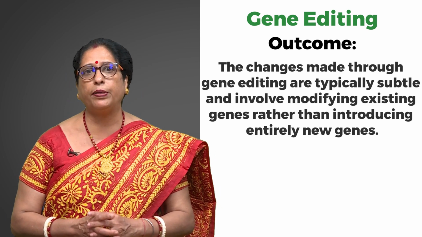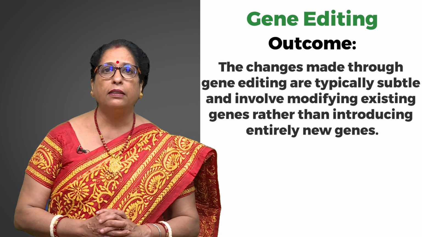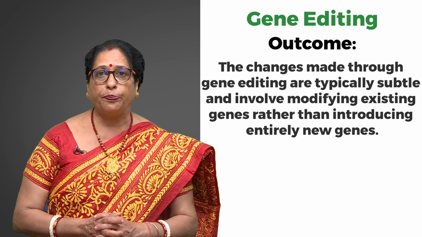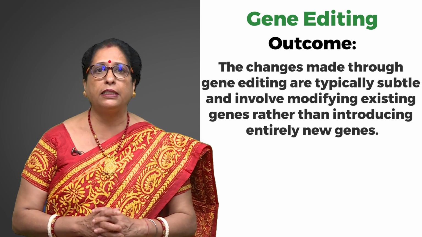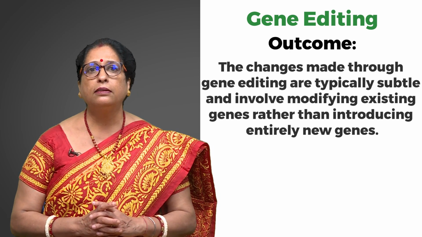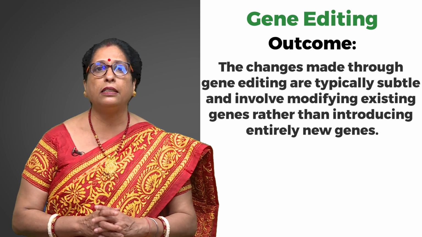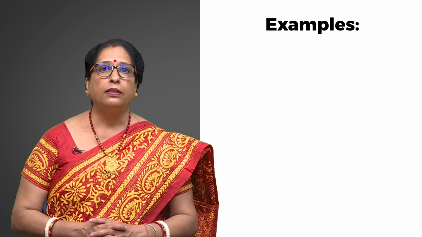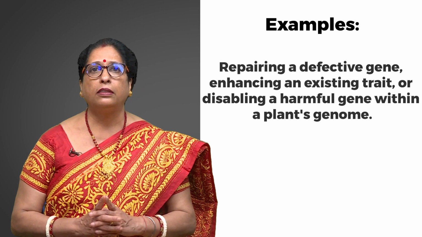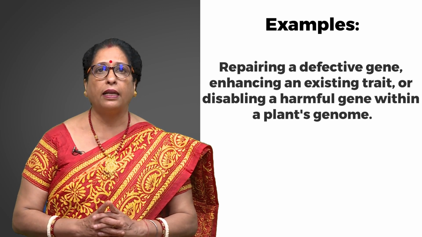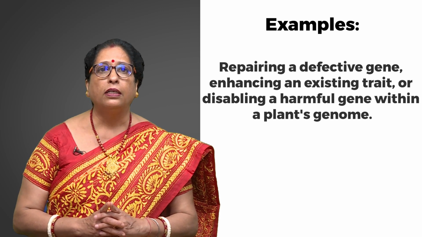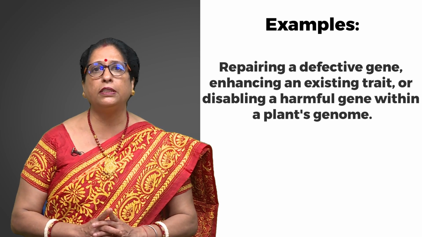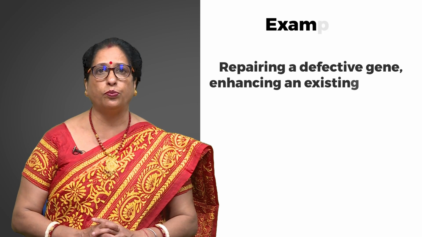The changes made through gene editing are typically subtle and involve modifying existing genes rather than introducing entirely new genes. For example, repairing a defective gene, enhancing an existing trait or disabling a harmful gene within a plant's genome.